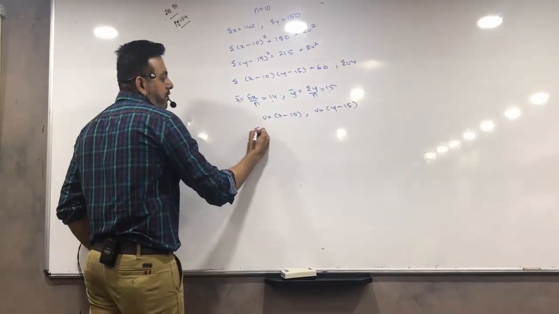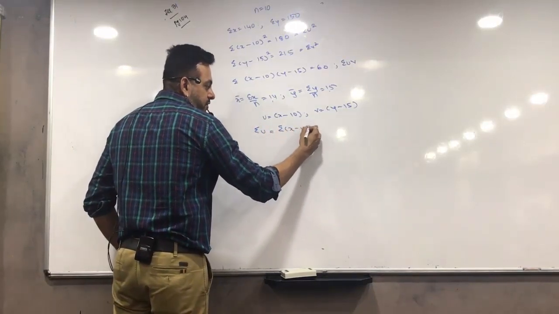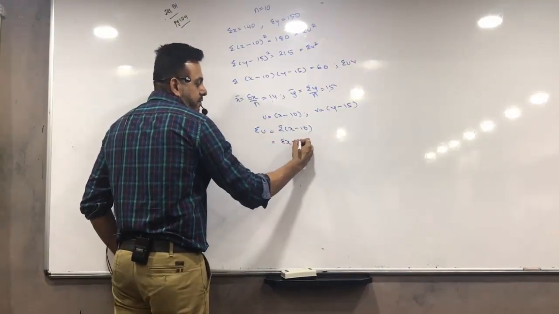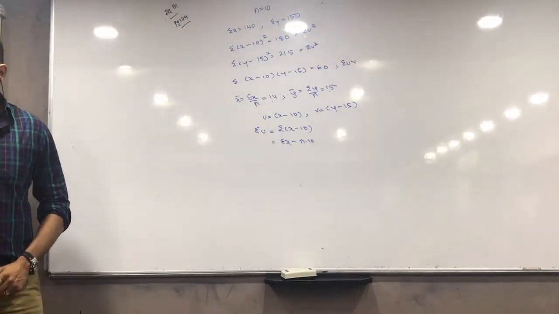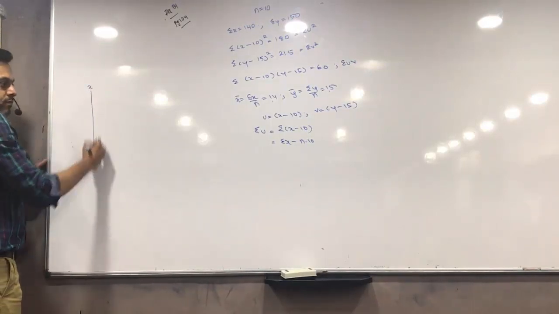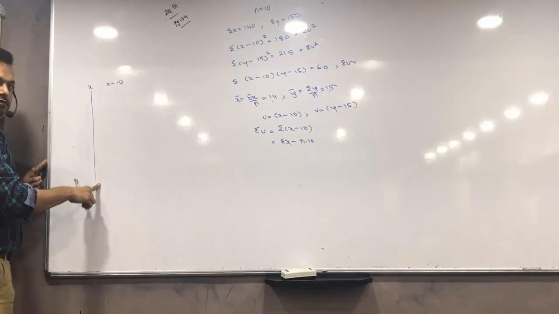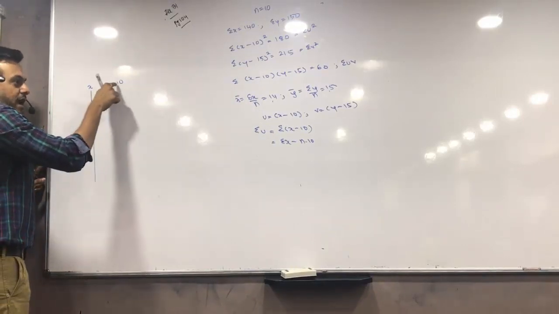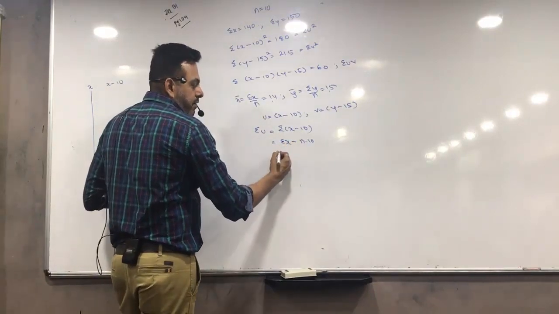We have to find out sigma u, which is equal to sigma x minus 10, that is sigma x minus n into 10. Did everyone get this? Once again, see, this is x and this is x minus 10, so how many observations are here? 10 observations, so 10 times minus 10, so minus n into 10.